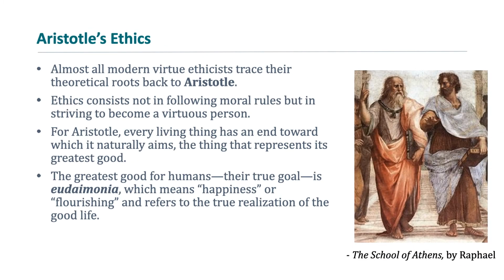So this approach to ethics goes back to the philosopher Aristotle. If you see the picture on your screen, these are two famous Greek philosophers. On the left side of your screen, you have Plato, who is pointing up to the sky, and then you have Aristotle, who's making a gesture forward, almost as if he's pointing down at the earth.